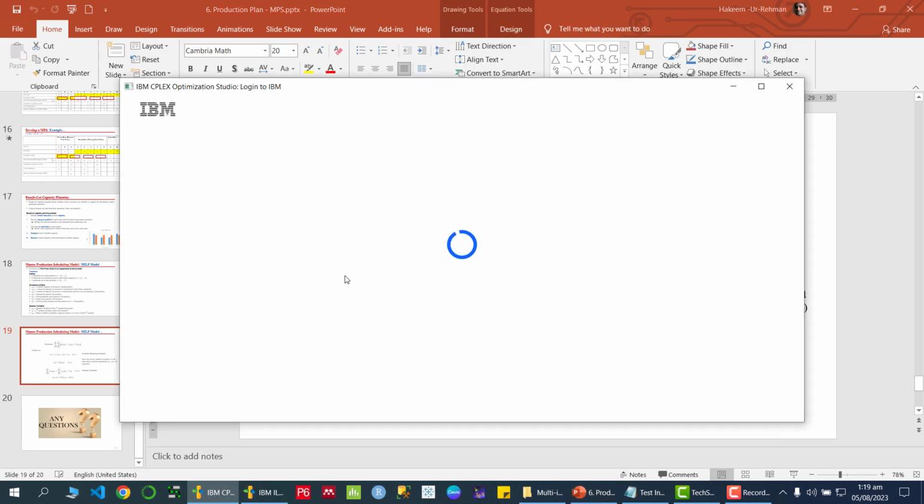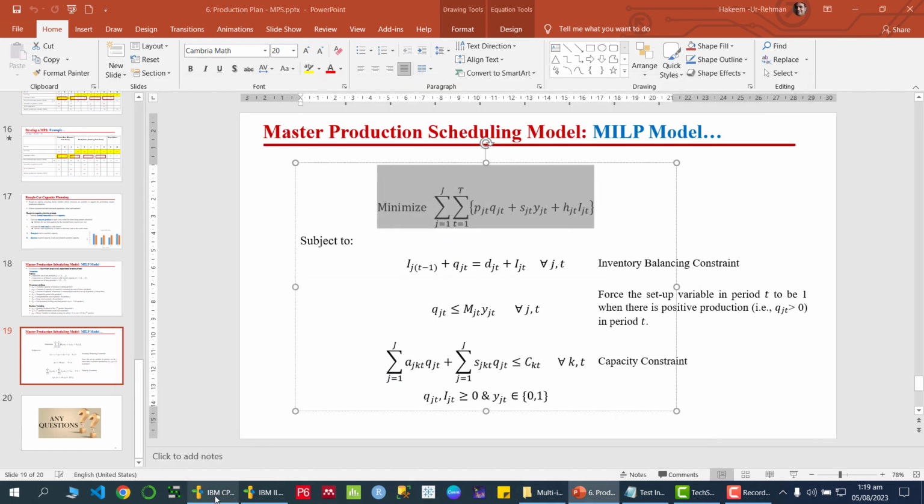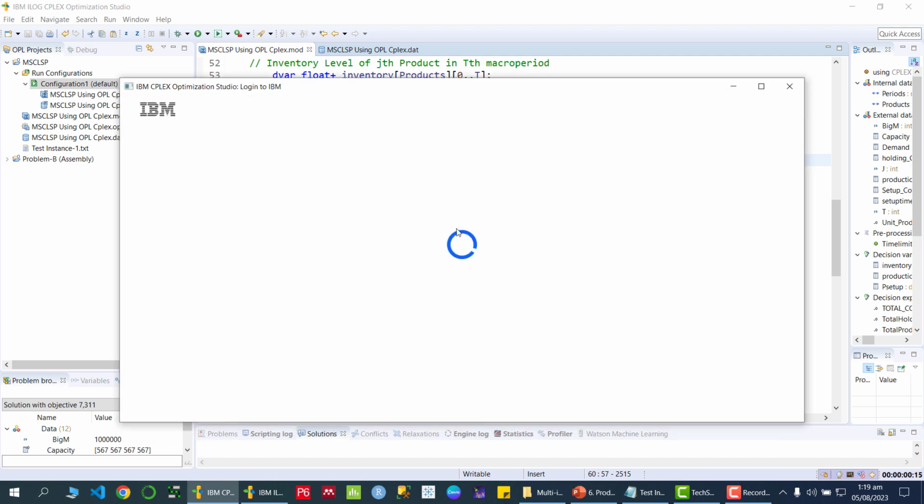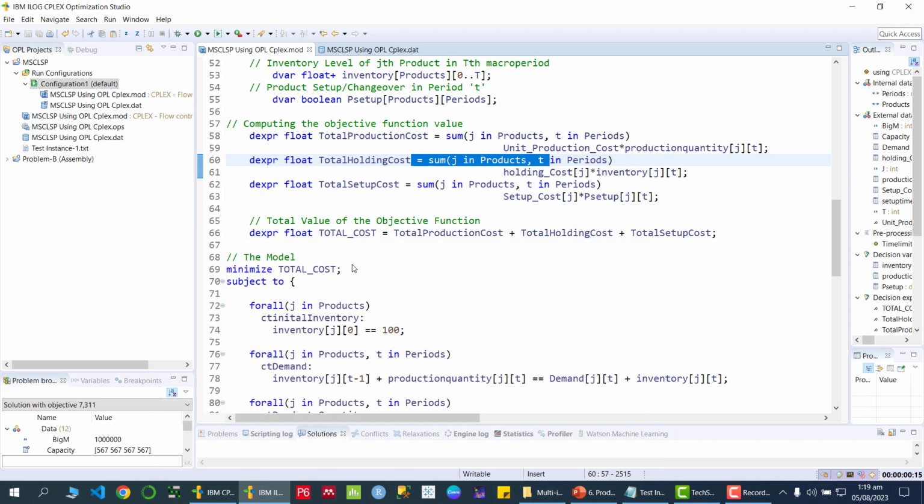So we define a dexpr float: the total cost is equal to the total production cost plus the total holding cost plus the total setup cost. Next we need to define our model.